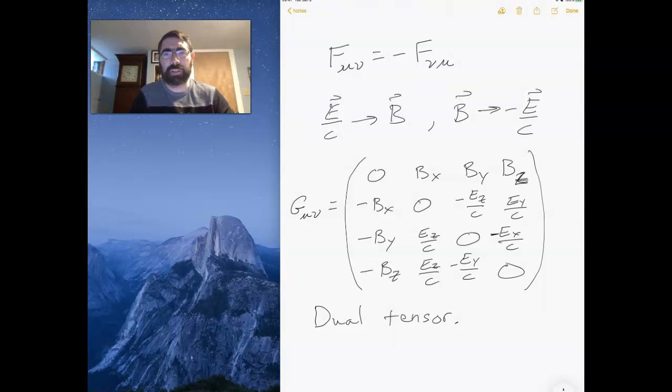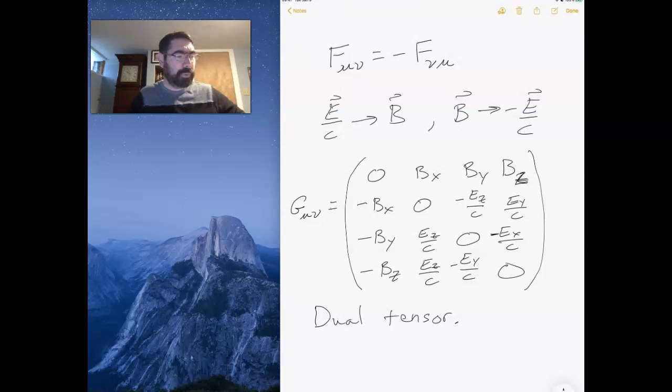The dual tensor now gives us the equations for the magnetic field. Okay, so now what we have is our two field tensors, F mu nu and G mu nu. And with them, we're going to hopefully show that you can write down Maxwell's equations in this tensor formalism.